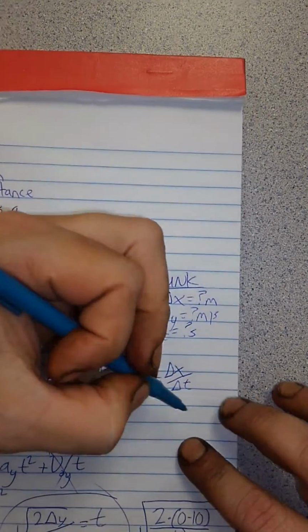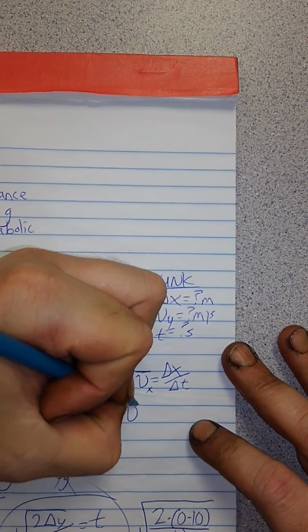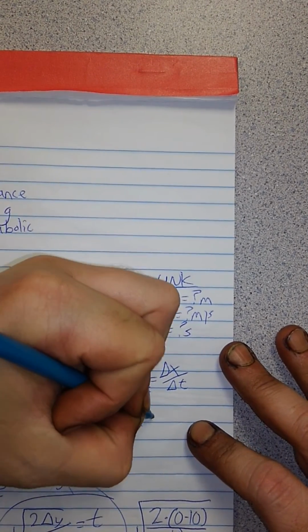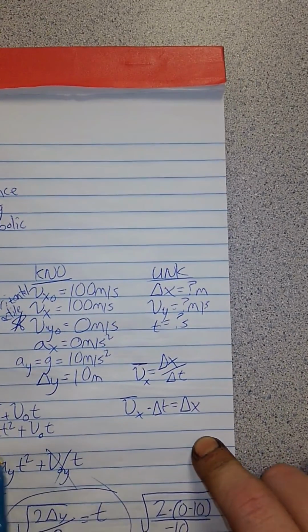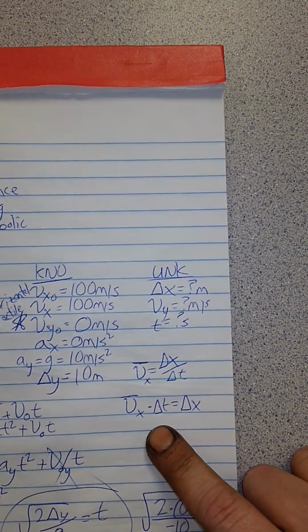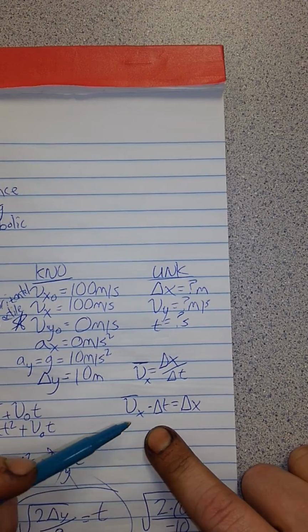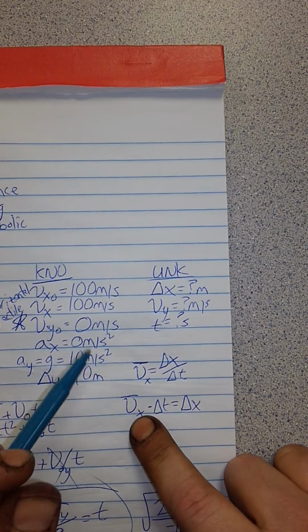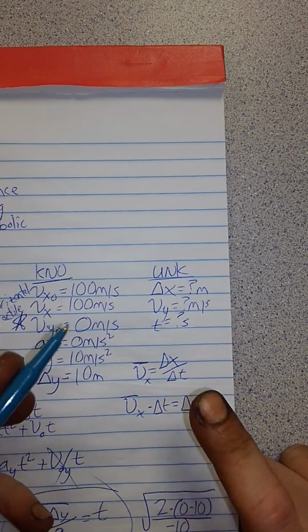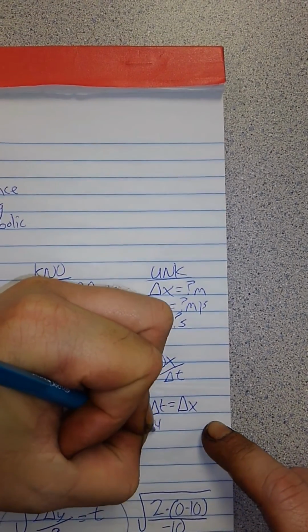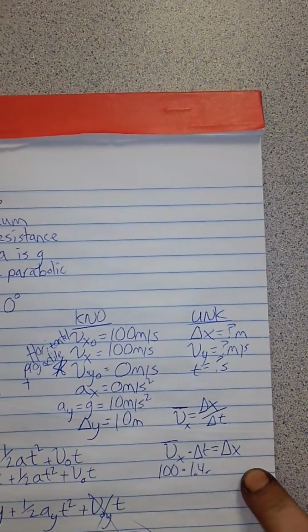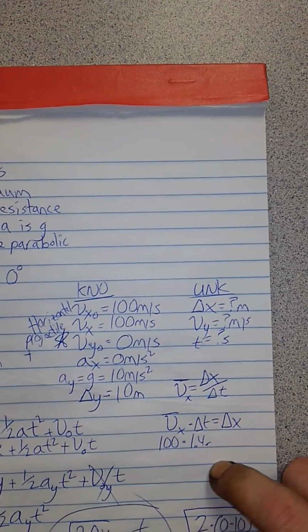So if I do a little bit of quick algebra right here, I'm going to get the average velocity times the time equals my displacement. Okay. What we have then is our velocity, which is 100, and that time that we just solved. Now, I'm going to talk a little bit more about that because sometimes people are confused about the time.